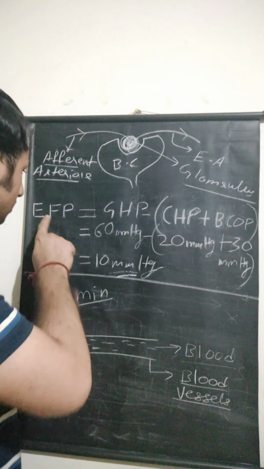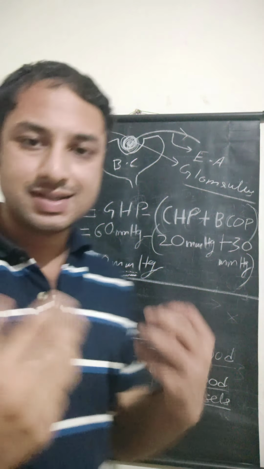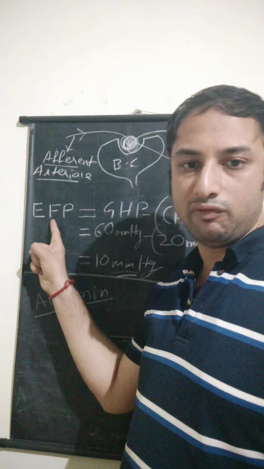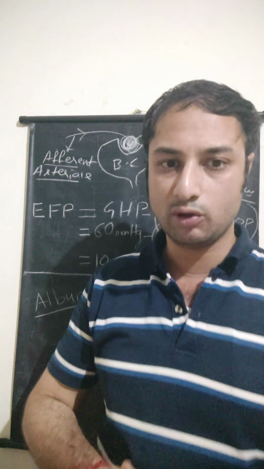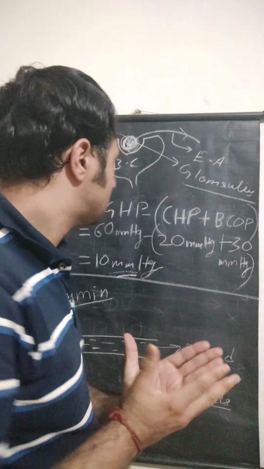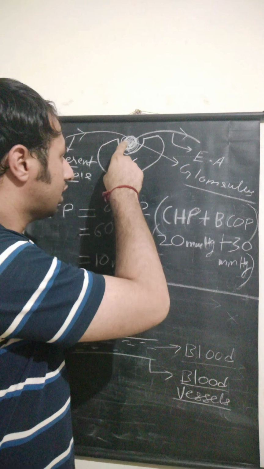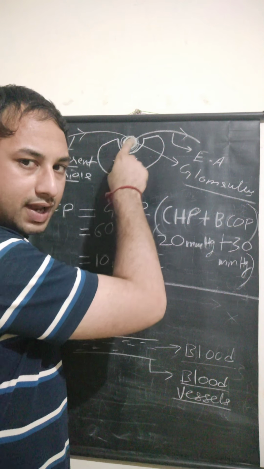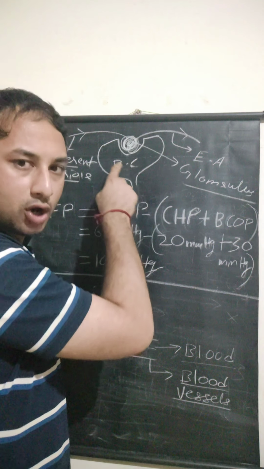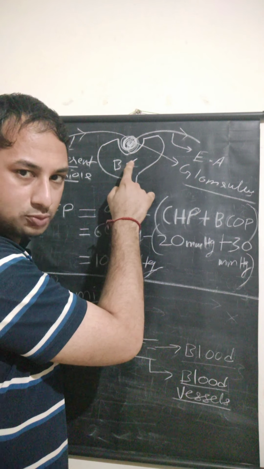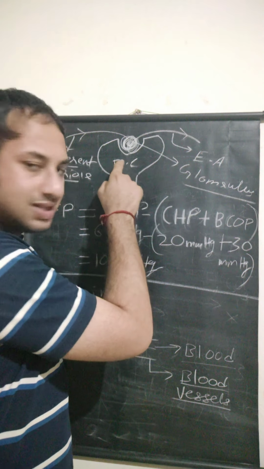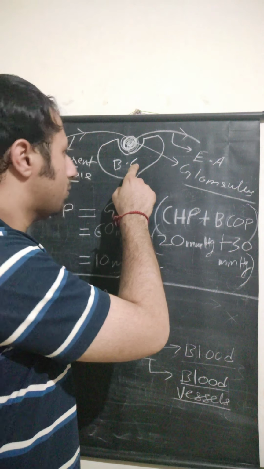So first of all, what is the meaning of effective filtration pressure? It means the pressure required by which the filtrate, or the small part of blood, gets filtered and comes into the lumen of the Bowman capsule. This is the Bowman capsule, and the space inside the Bowman capsule is called the lumen of the Bowman capsule.